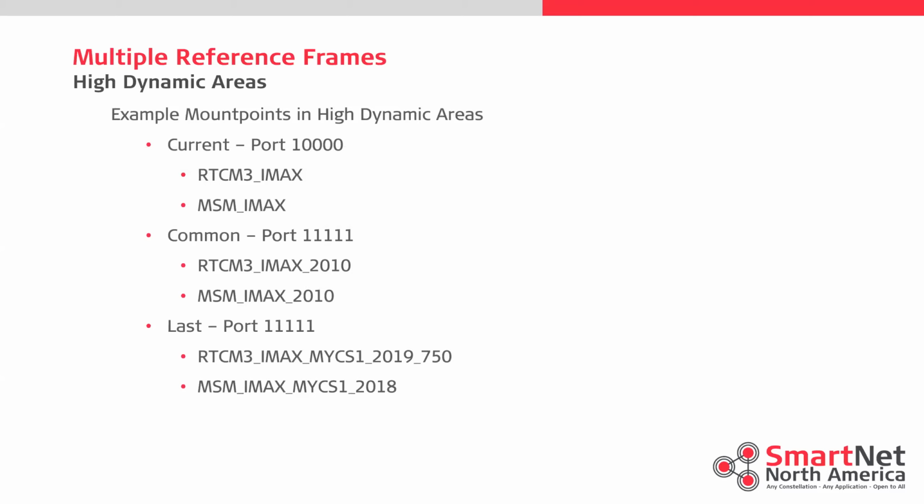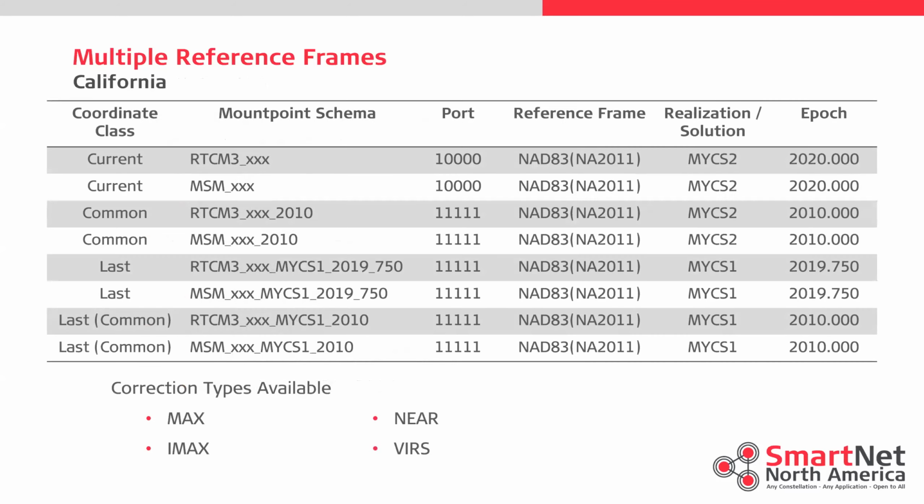In high dynamic areas, it gets a little bit more complex because we've got the current, we've got the common, we've got the last, we've got the last common, all sorts of stuff. But this table should kind of spell it out. Again, we're dragging everybody along. All current and production standard mount points will be moved to the new realization and Epoch.